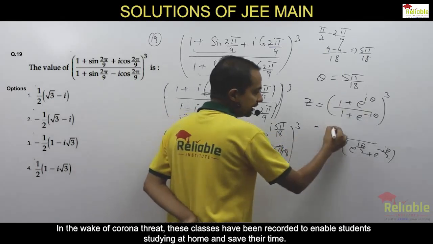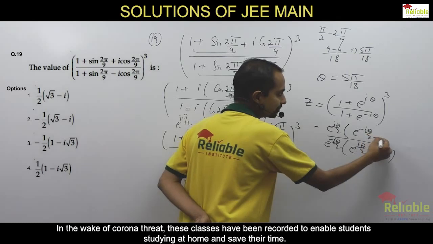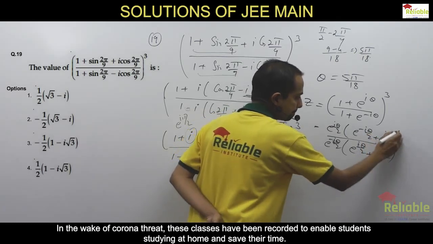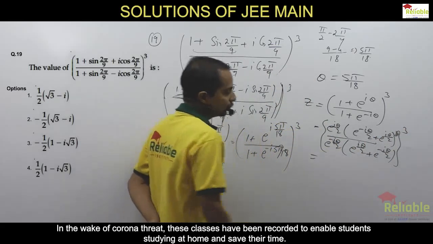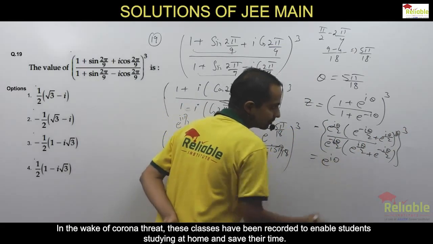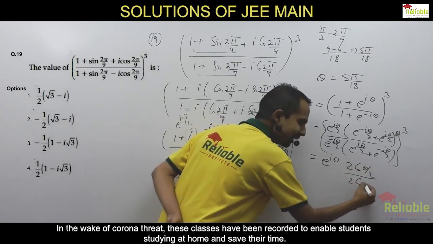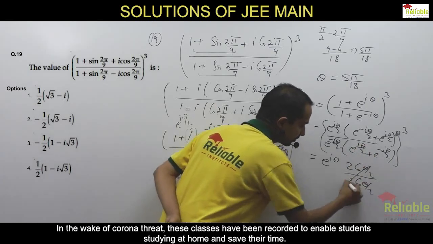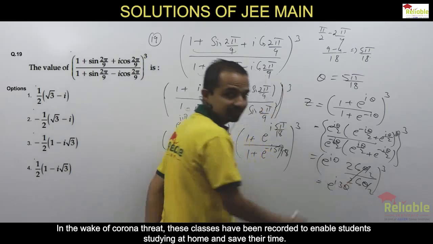Here also we take e^(iota theta by 2) as common. So this is what we are going to get. And the whole cube, that we'll solve later. So you're going to get e^(iota theta), and this is going to be 2 cos theta by 2 upon 2 cos minus theta by 2. It is essentially the same thing. The whole cube, that is e^(iota 3 theta), right?